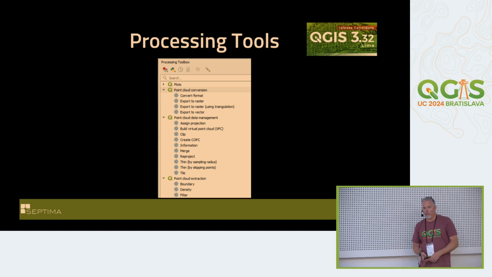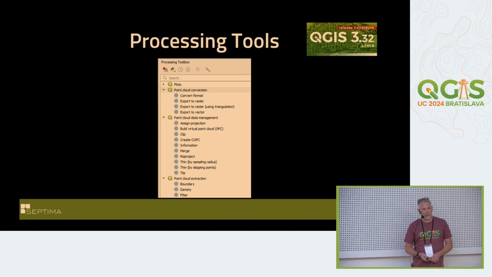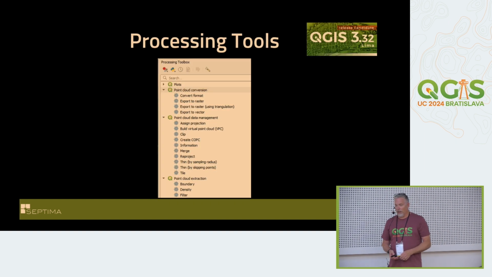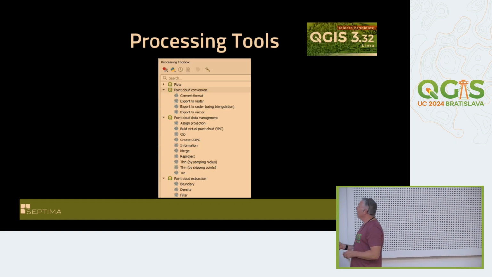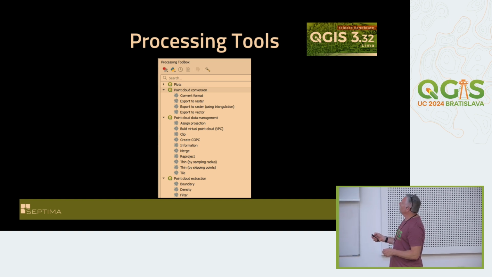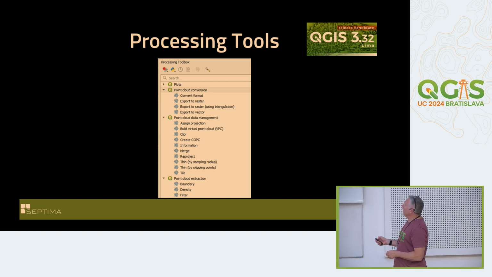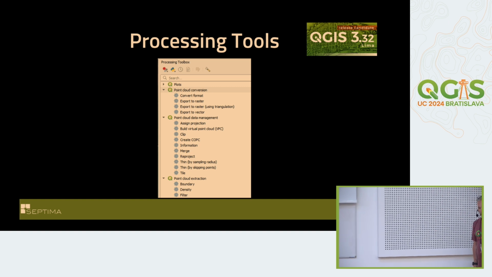And so we have now a whole series of processing tools in QGIS that we can use. So you can see there are point cloud conversion tools for converting formats, data management tools, assigning projection, building a virtual point cloud, which again is like a virtual raster, if you heard my talk this morning, clipping, create COPC, information, merging, reprojection, thinning, tiling, and then point cloud data extraction, including a tool like filter.